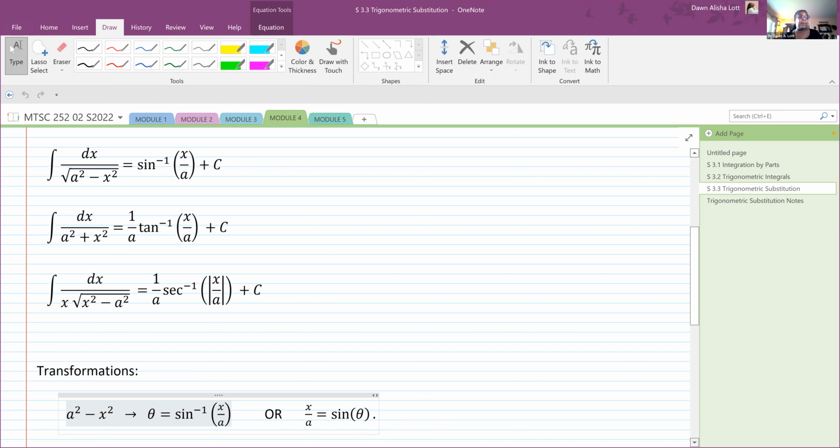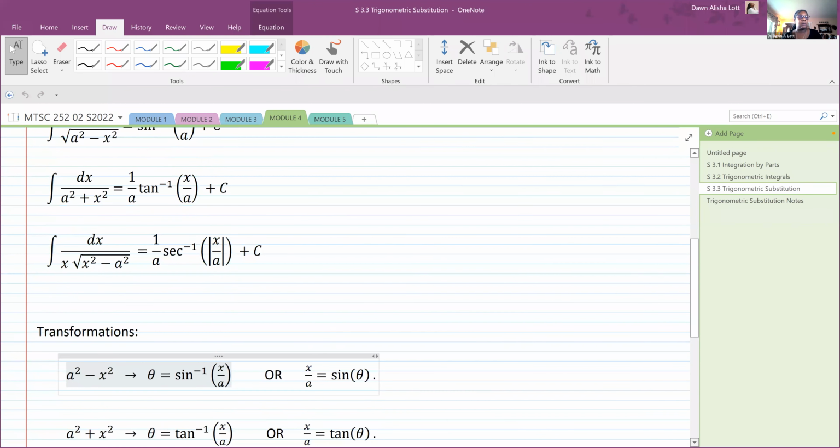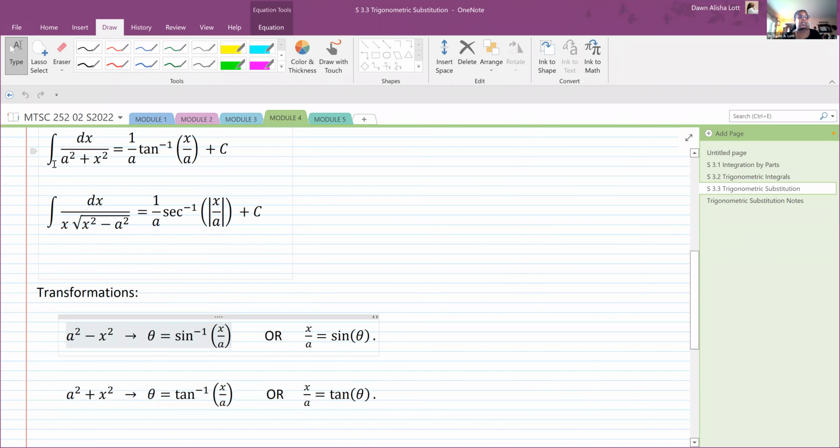Okay, the next one, we have a squared plus x squared, and that should be associated with tan inverse. So when you see a squared plus x squared, know that in your problem, theta is the tan inverse of x over a, or x is equal to a tan theta.